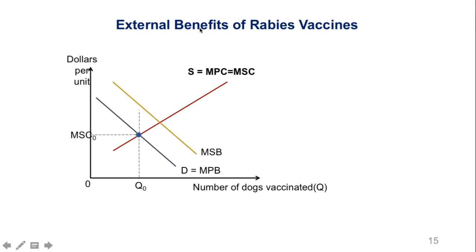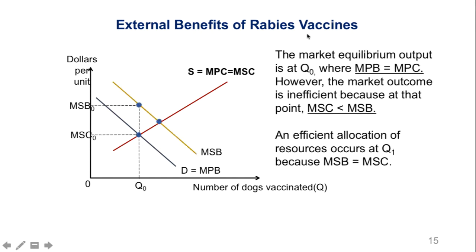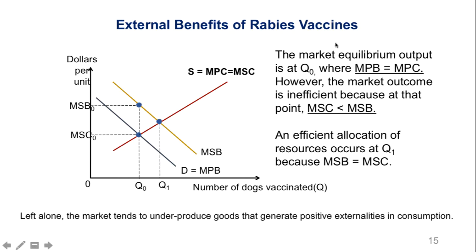In the case of the external benefit of rabies vaccines, the market equilibrium output is at point Q0, which is the intersection of the demand and supply for the individual. So it is the marginal private benefit, which is smaller than the marginal social benefit.